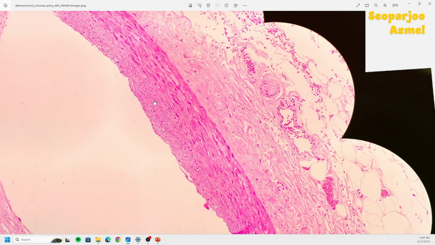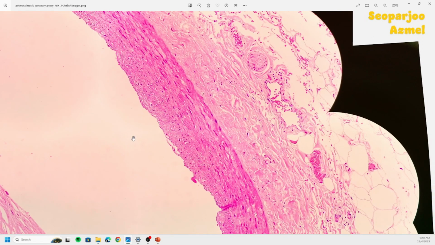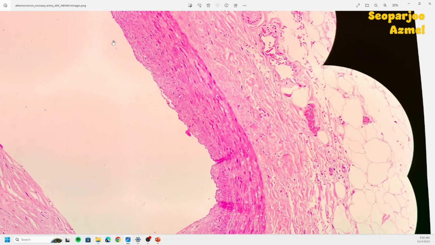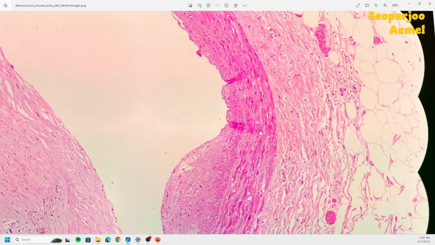On top of here, towards the lumen, this is the lumen. Towards the lumen here is the tunica intima. This contains the endothelial cells that line the vessel's wall that are facing toward the lumen, and inside here there's a lot of connective tissue.